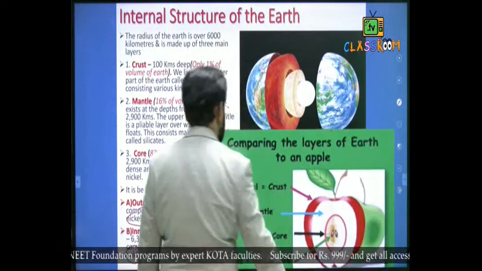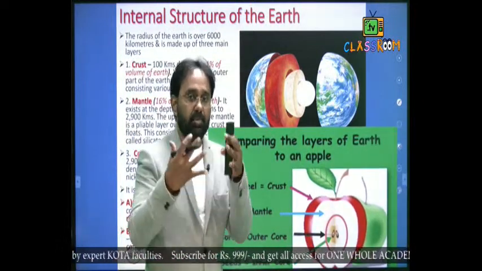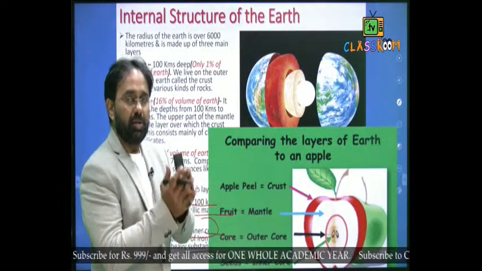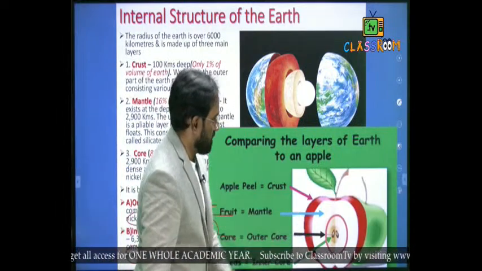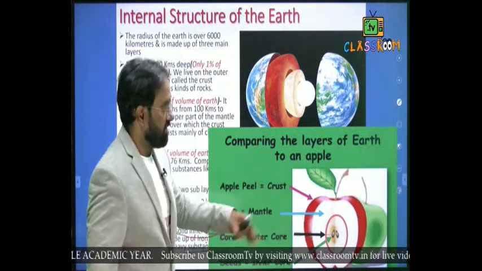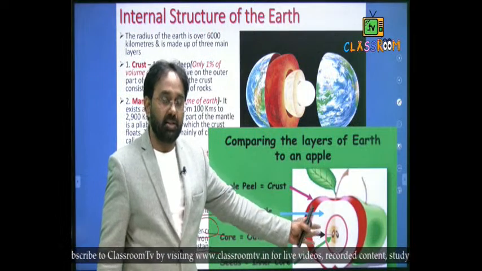This is what we have discussed, and we also saw a comparative analogy of our earth, exactly similar to a cut open apple. You are seeing the outermost crust and mantle area. The fleshy part of the apple is called the mantle area, and the innermost seeded region is called the core region.